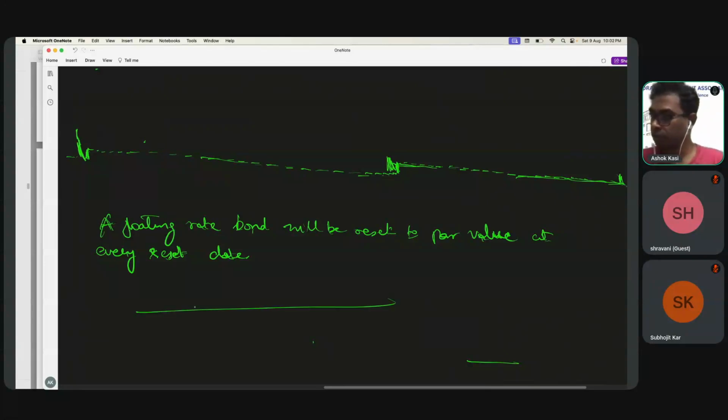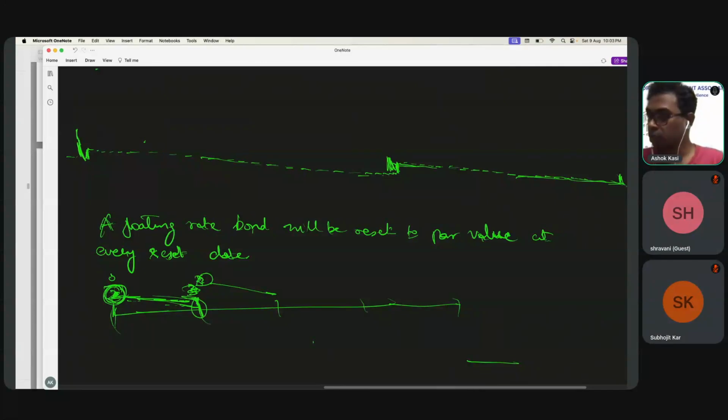So that means if there is a floating rate bond where every year the interest rate is changing, this interest will be paid this year. If it is 2%, then 2% will be paid here, and when it is 3%, it will be paid next year. So this bond will expect 2%, and then when this date comes, it doesn't know what the new interest rate is going to be, so it will go to the par value.